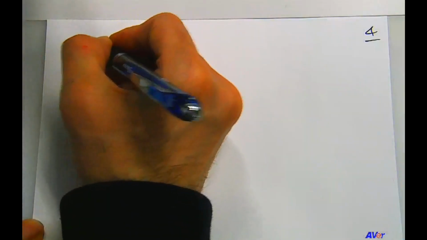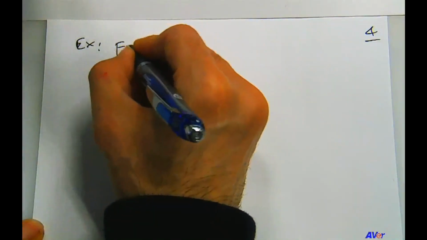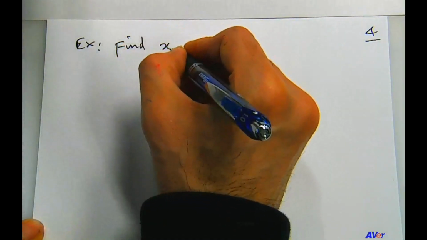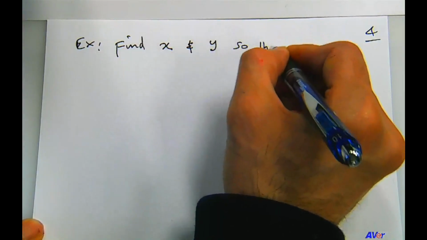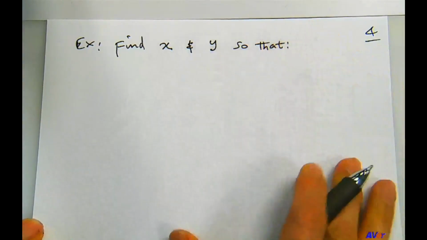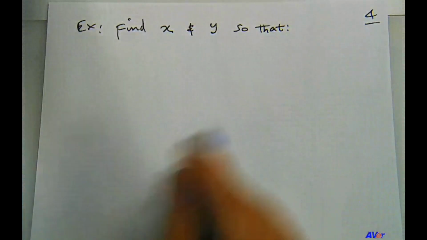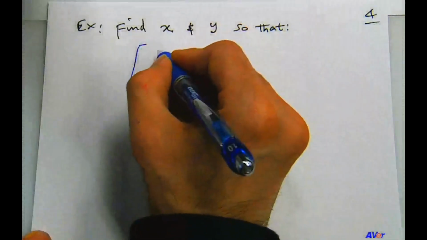Let's do one more example, and then we'll wrap up this section. In this example, suppose we want to find x and y so that these 2 matrices are equal to each other.